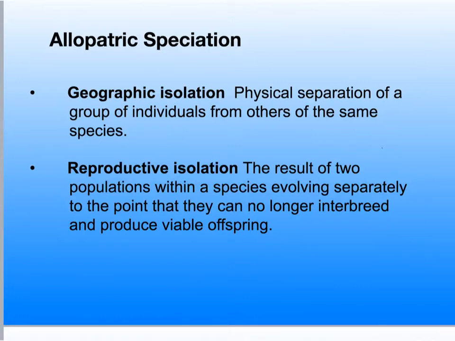This geographic isolation can occur when a subset of individuals from one larger population colonizes a new area, a new habitat, and now they've been physically separated from their original population. This leads to reproductive isolation, and as a result, the two populations are now completely separate species, to the point where they can no longer interbreed and produce viable offspring.